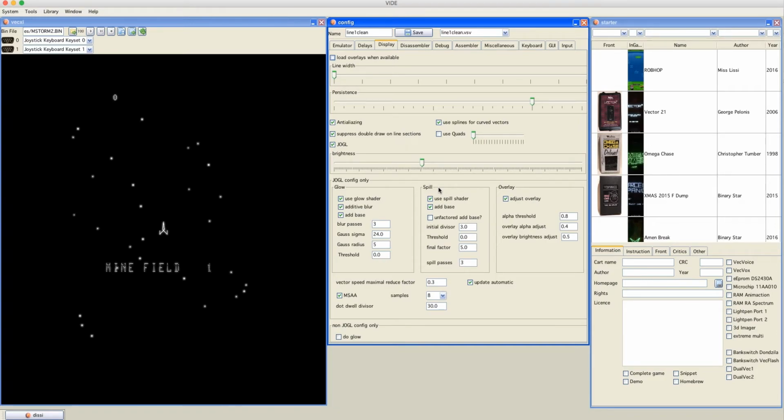The thing behind spill, or what I call spill, is that in raster graphics, if it's an 8-bit raster graphic, you have a brightness of 0 to 127 or 256. In the case of the Vectrex it is from 0 to 127, where 0 is total darkness and 127 is full brightness.